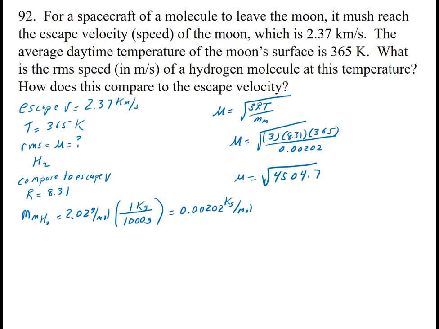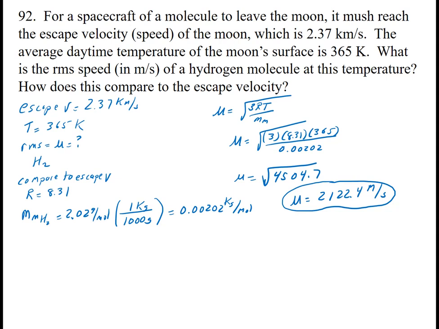Hmm, when I take the square root of that, mu is 2,122.4 meters per second. So that's the first answer: this is the average molecular speed, or RMS speed, of hydrogen at 365 Kelvin.